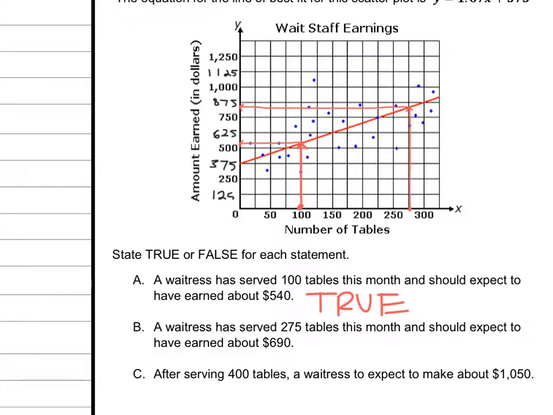Is that right? Where did it hit the line? A little bit below 875. Is that 690? No. Okay, here's where the 690 came from, that point. Do we care about the points? No, we don't care about the points. We care about the line. So we'll say false. It should be about 850.